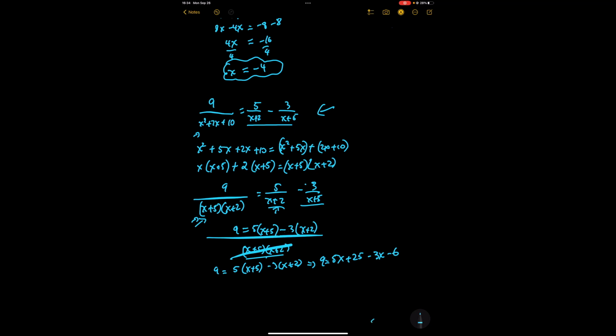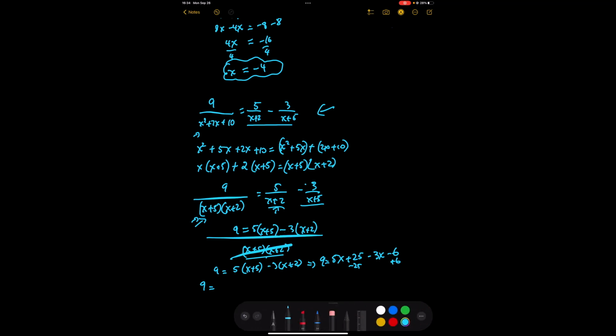And so I can rewrite this, it's the same thing. Oh no, I'm going to subtract 25 on both sides and add 6 on both sides.